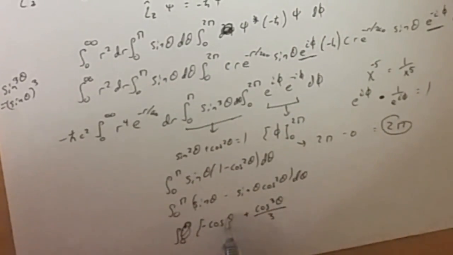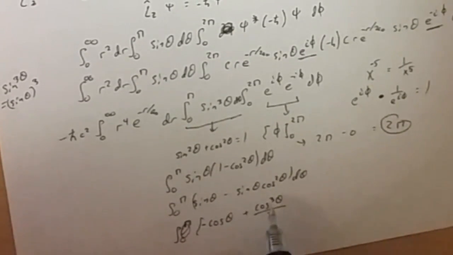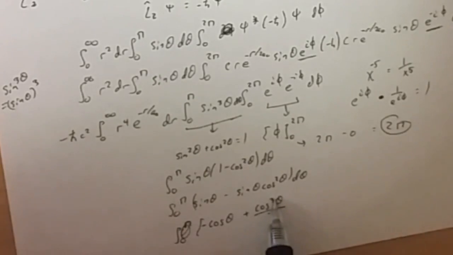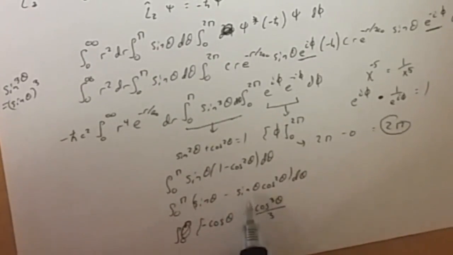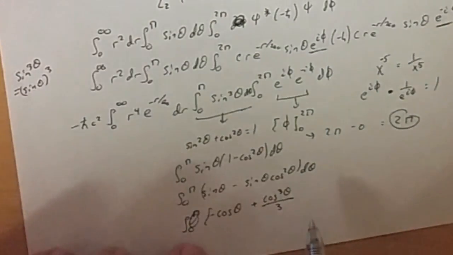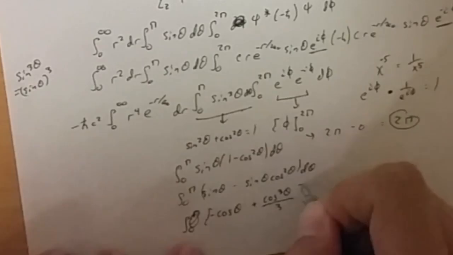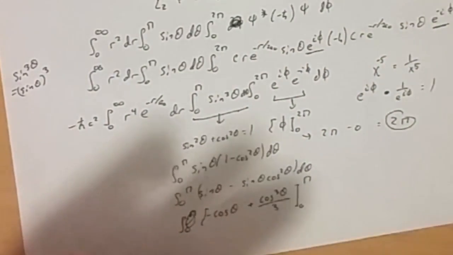If we look at this, the derivative of negative cosine theta is sine theta, so that's correct. And for cosine cubed, the 3 goes in front and cancels with that 3, and then we get cosine squared theta times the inside, which is sine theta. So yeah, that looks correct. And then we're evaluating from 0 to pi.